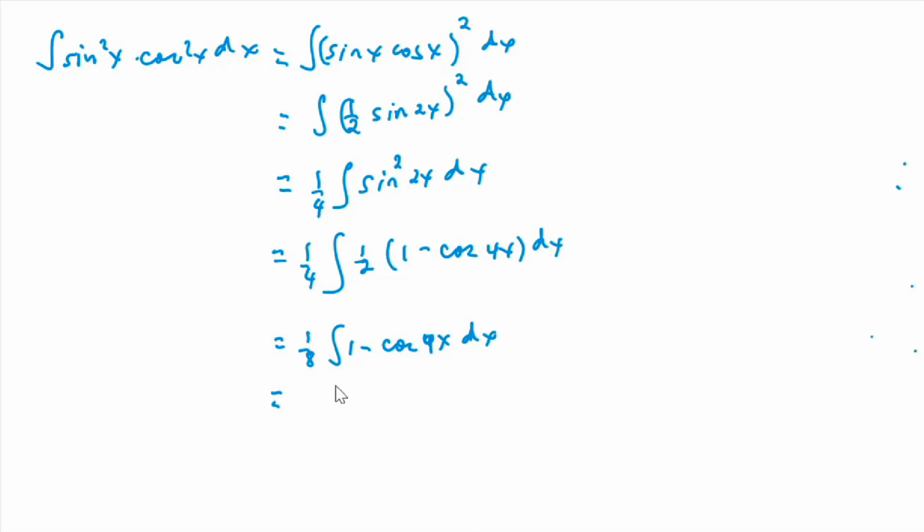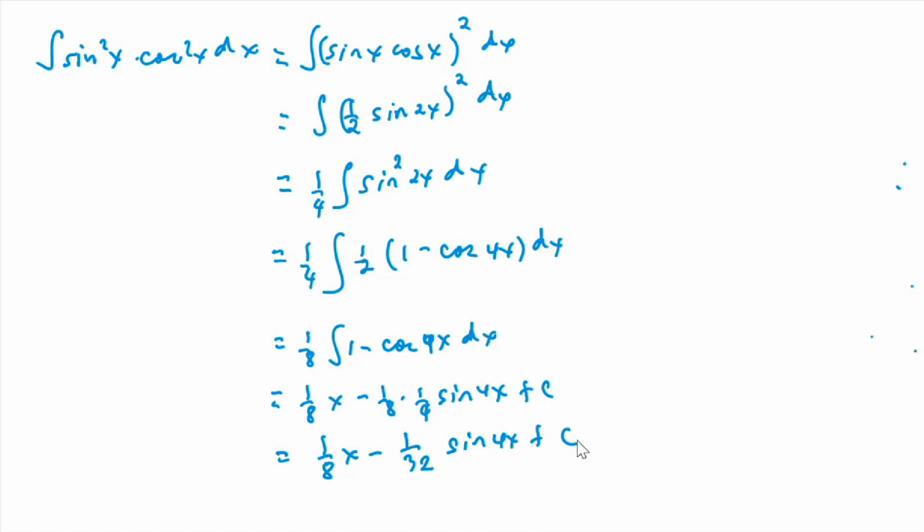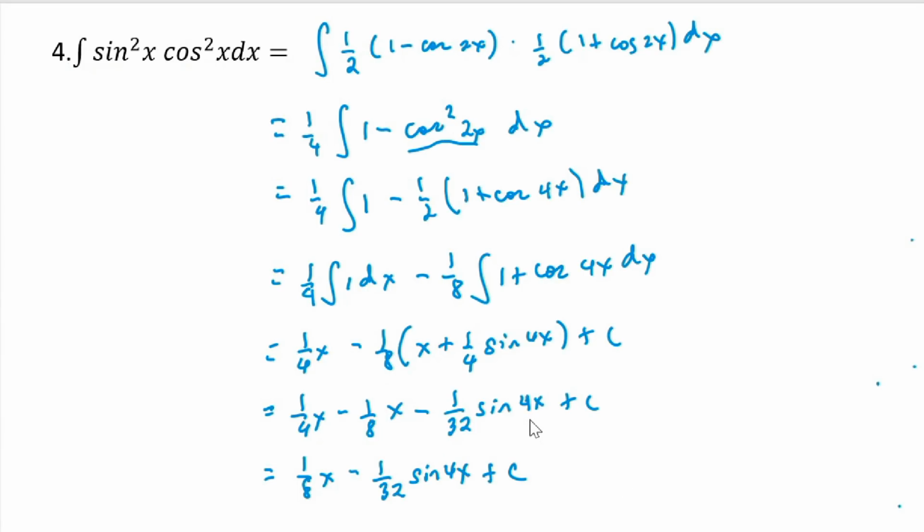So integrating that will give us 1/8 of x minus 1/8 times 1/4 of sine 4x plus a constant. So we have 1/8 of x minus 1 over 32 of sine 4x plus a constant, which is the same answer as our previous solution.